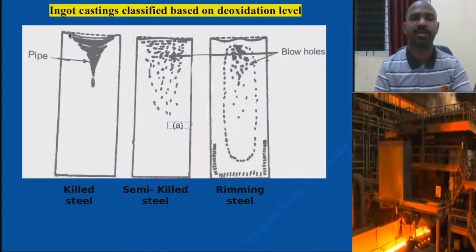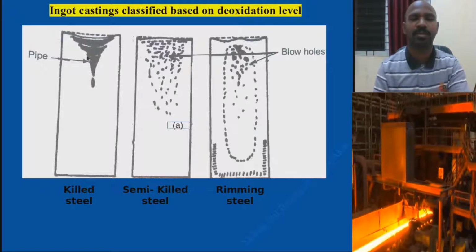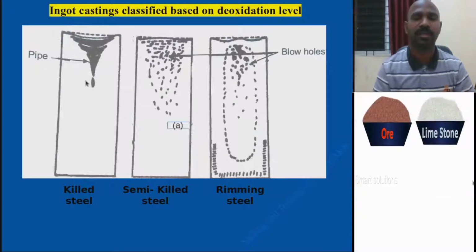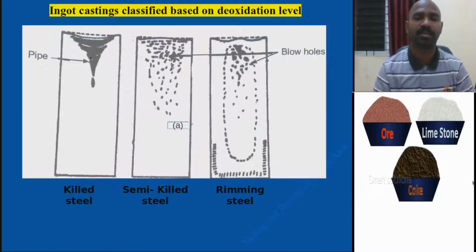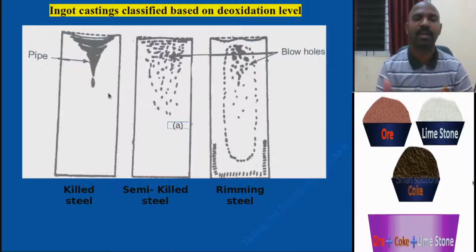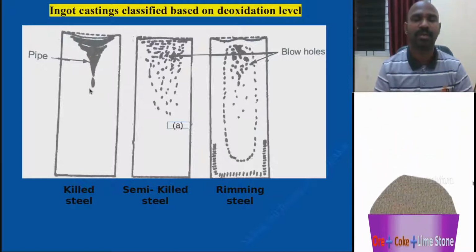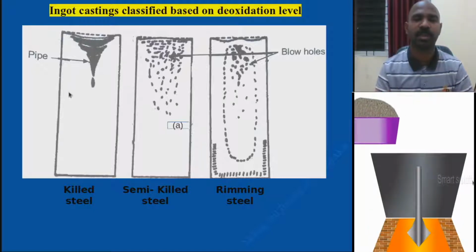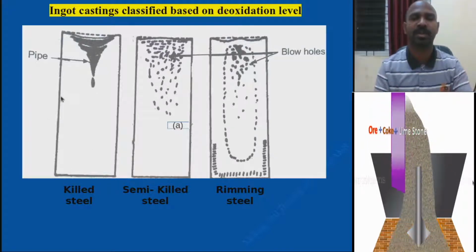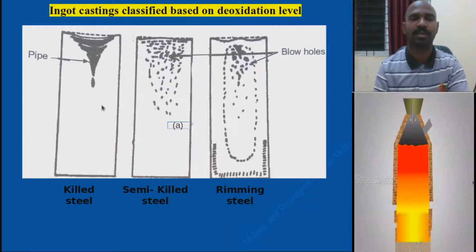Because of this shrinkage, you see the defect, a kind of pipe formed within the solidified ingot during the ingot casting route. These pipes are unnecessary defects. At the finishing, this is a semi-finished casting. At the finishing route, it is removed and separated, and only this part is taken for the finishing operations, for hot rolling operations.